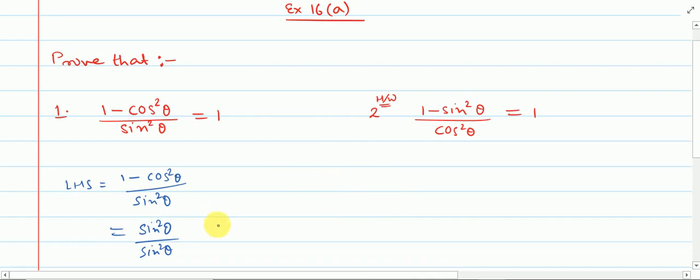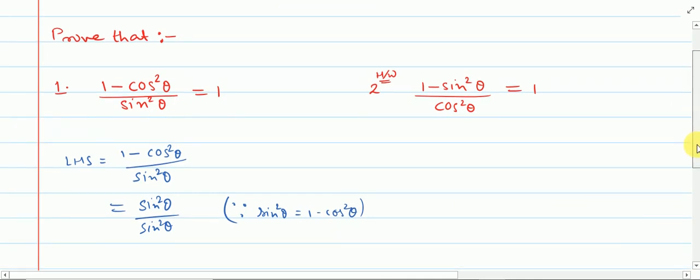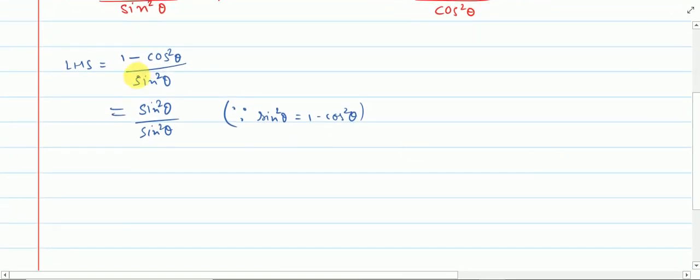And you should mention the reason over here, since sin square theta is equal to 1 minus cos square theta. So in that way, our numerator 1 minus cos square theta got simplified to sin square theta. Now numerator also sin square theta, denominator also sin square theta.